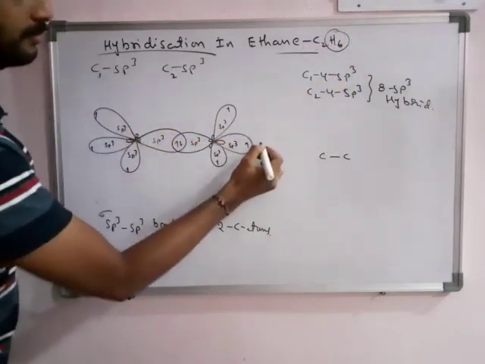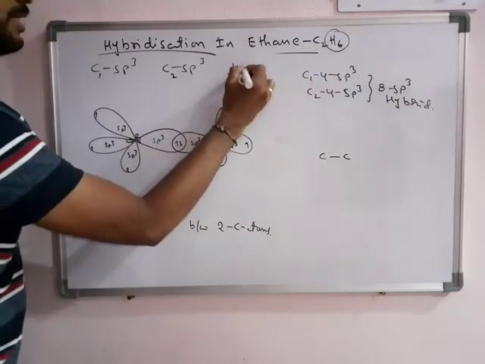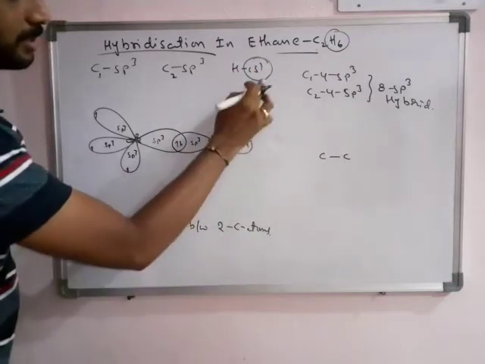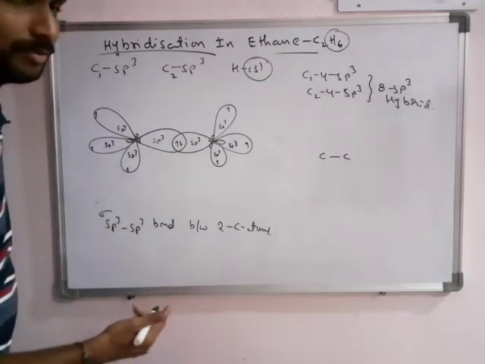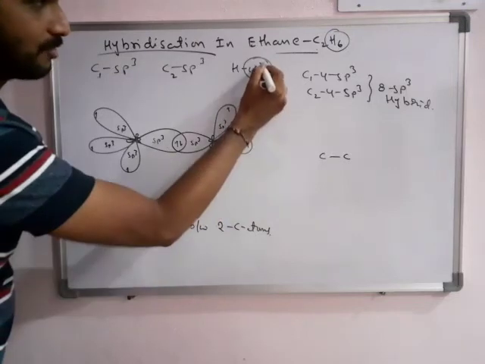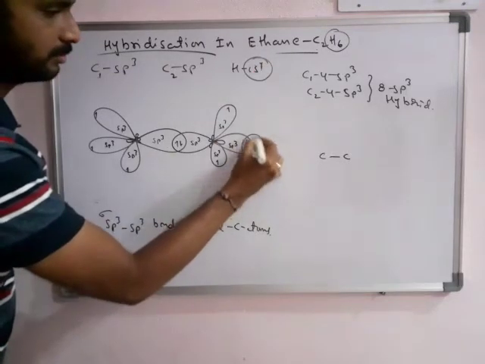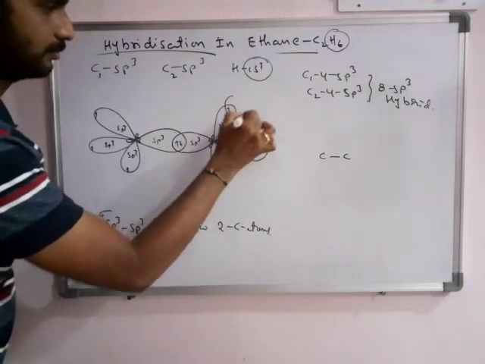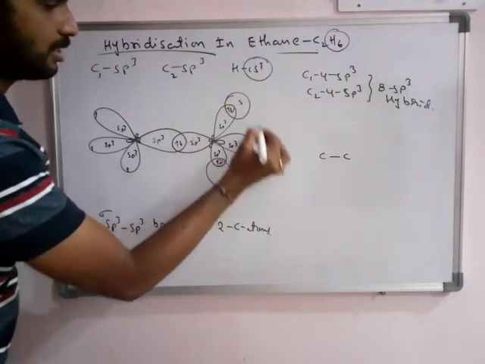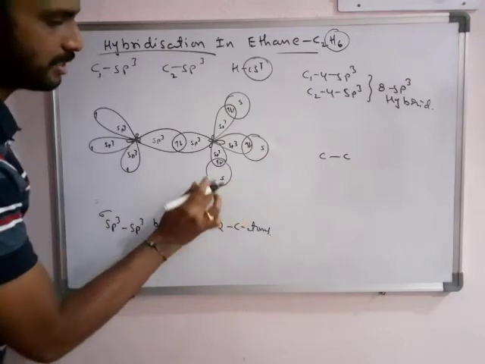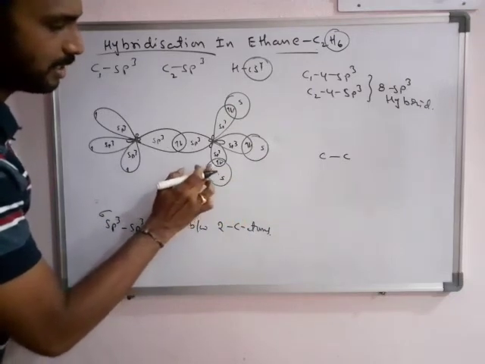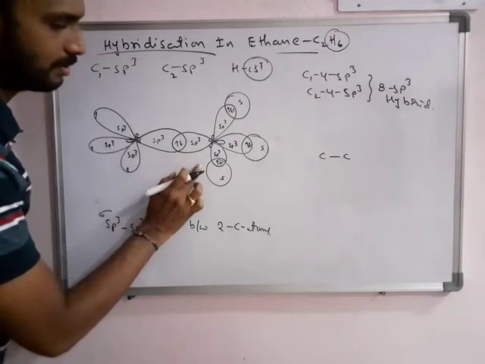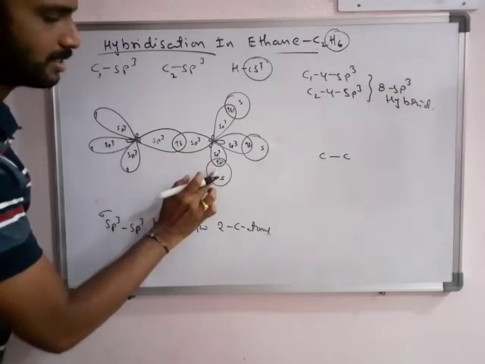We know the hydrogen configuration is 1s1. There is only the spherical s orbital for overlapping. It has one unpaired electron. So these are the s orbitals of hydrogen which overlap with the sp3 hybrid orbitals of the carbon atoms, forming a sigma bond.